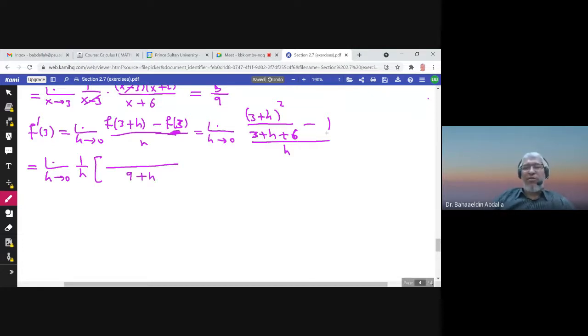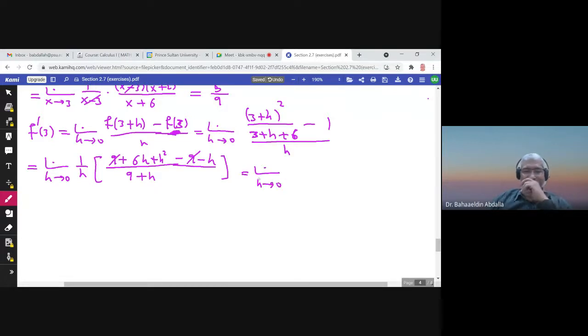And then 1 times this. And I'll expand it. So I'll have 3 squared, 9, 3 times h times 2, 6h, plus h squared, minus 1 times this. Remember, this is 9 plus h. So minus 1 times 9 is minus 9, and minus 1 times h is minus h. 9 cancels with 9.